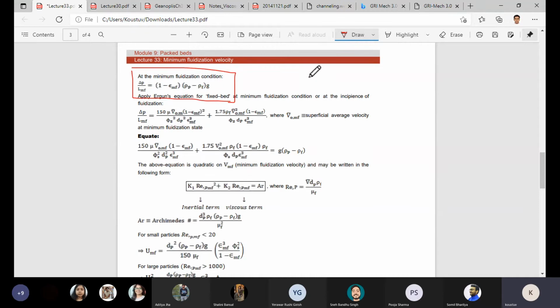You will agree that the bed porosity was constant before fluidization happened. At the onset of fluidization, there is a minimum bed porosity and a minimum fluidization velocity. That is what we are going to measure from this experiment.